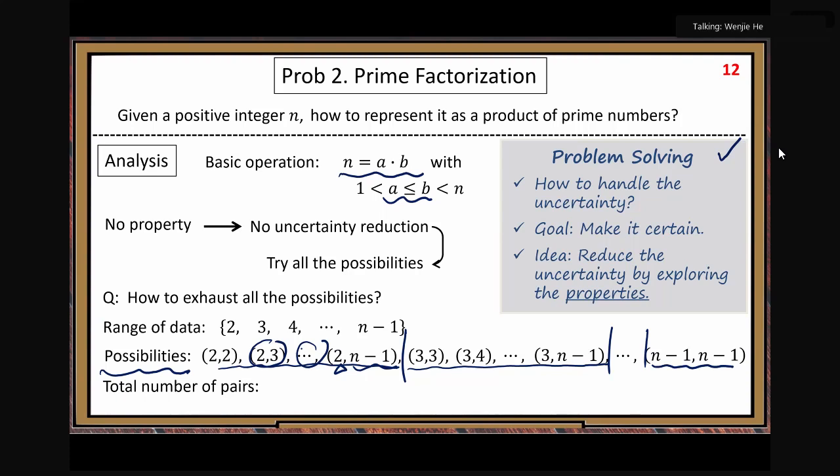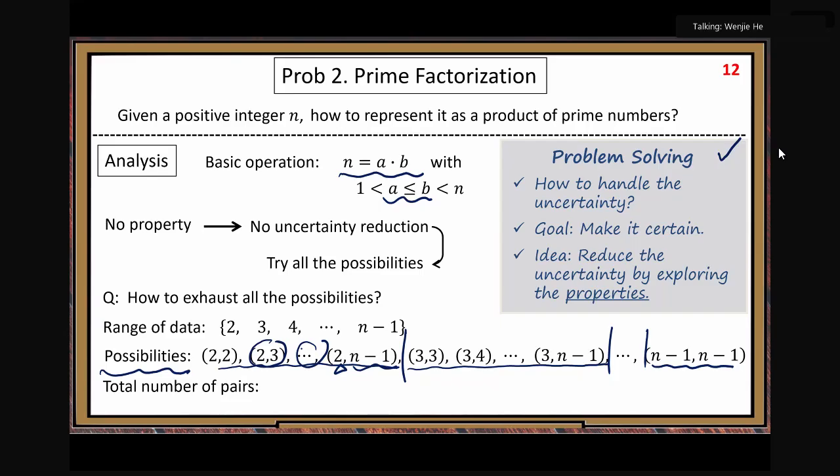How many? n minus 2. Good, n minus 2. That's the basic counting.